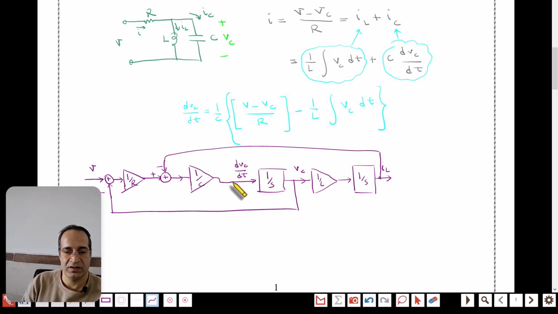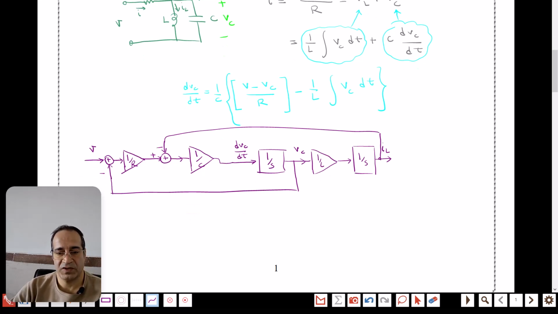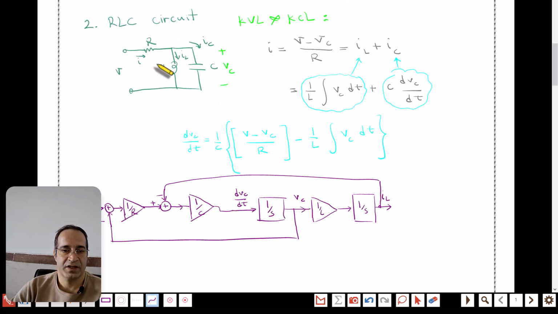I only need to connect these together. So this is the block diagram necessary for this circuit to be implemented in Matlab Simulink. Let's go back to Matlab and do this simulation in Matlab.